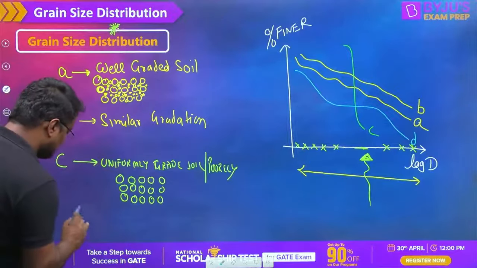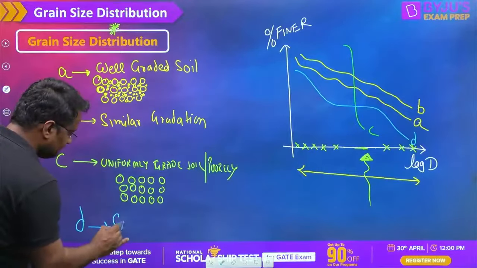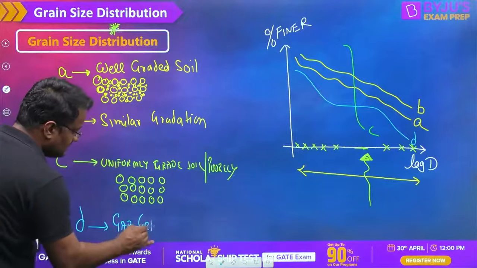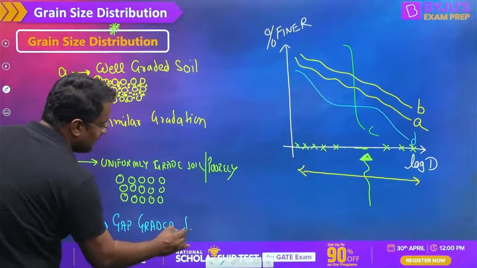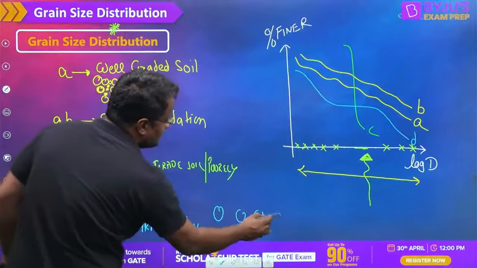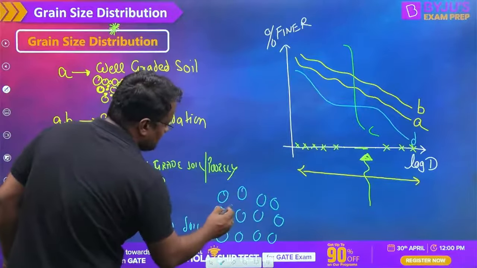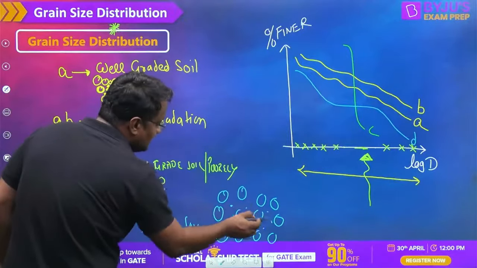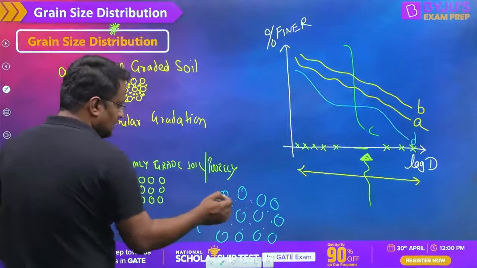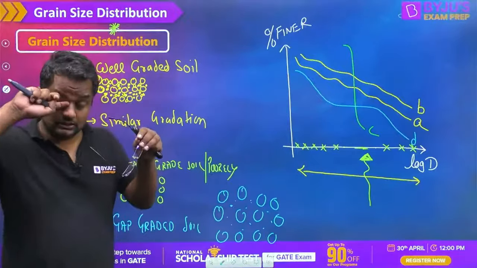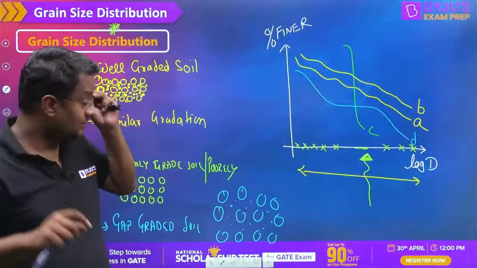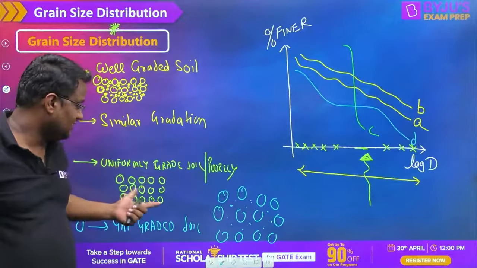Now D is gap graded soil. That means either the bigger particles are there or smaller particles are there. It is a little bit better than uniformly graded soil, because uniformly graded has not even smaller particles.